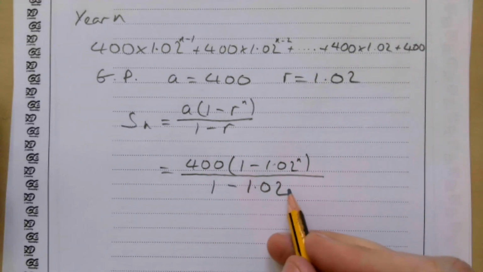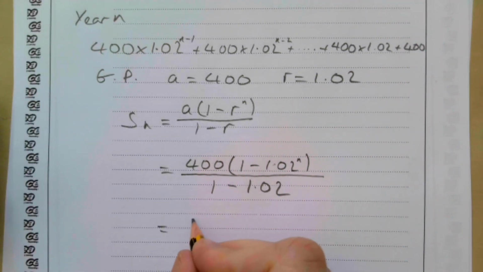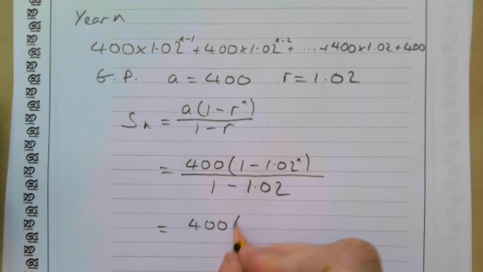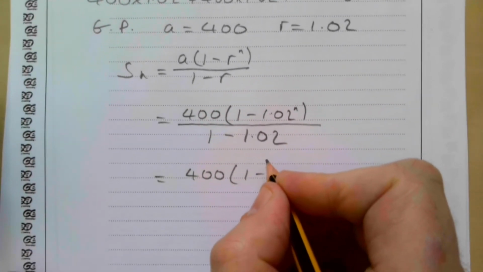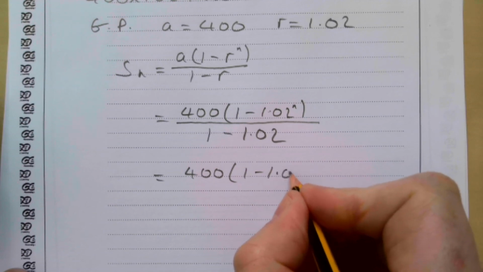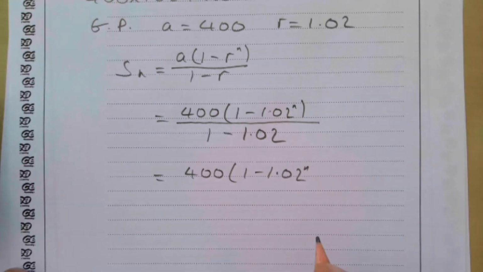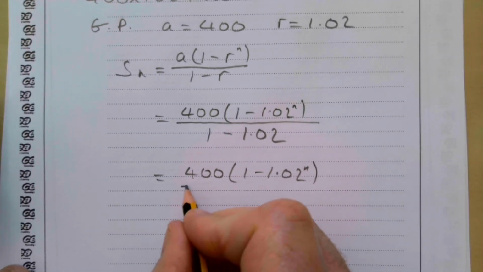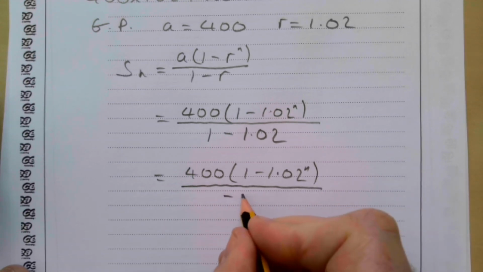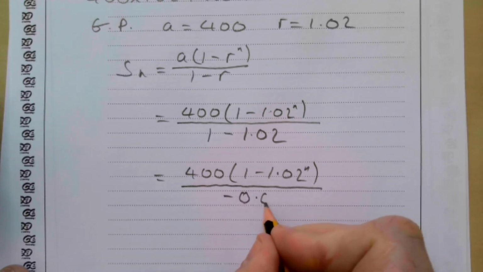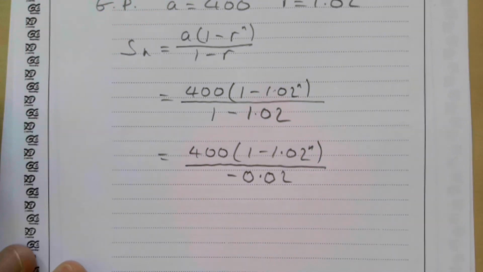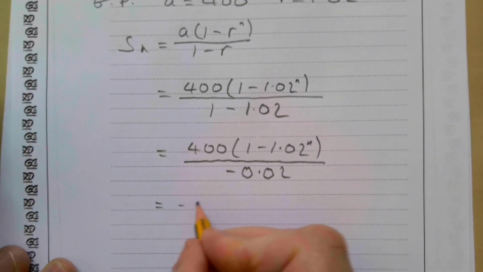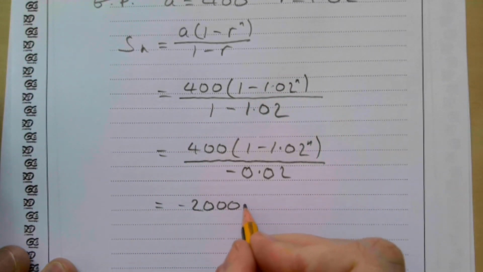The 1 minus 1.02 then obviously gives us minus 0.02. So that's minus 20,000.